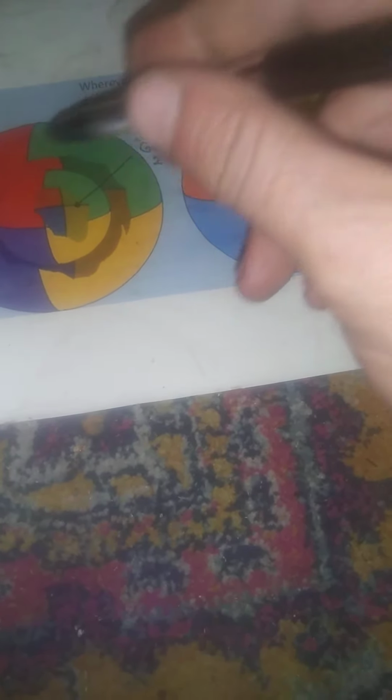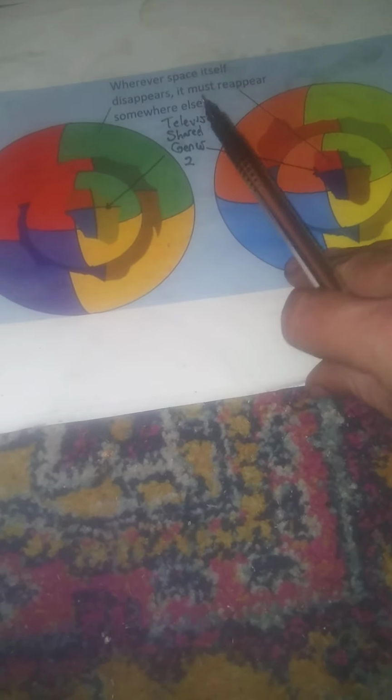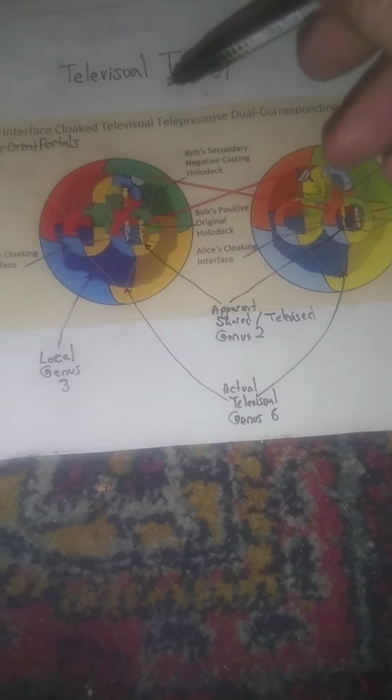But you can't create a portal like this, because if the person was inside, they'd just be shown outside this person's, and this person inside would be shown outside this person's. There has to be more genus, and that's televisual topology.